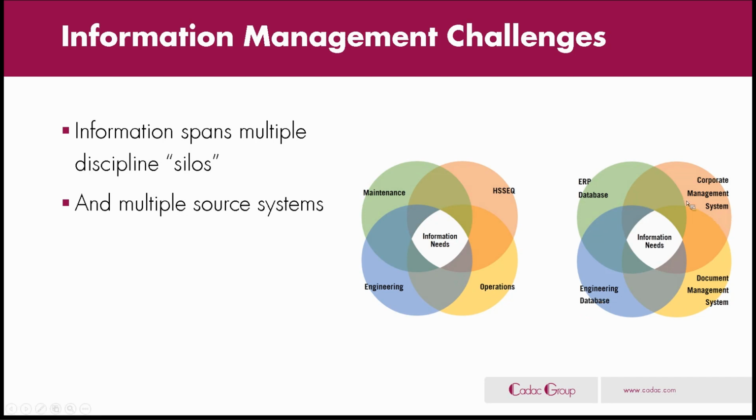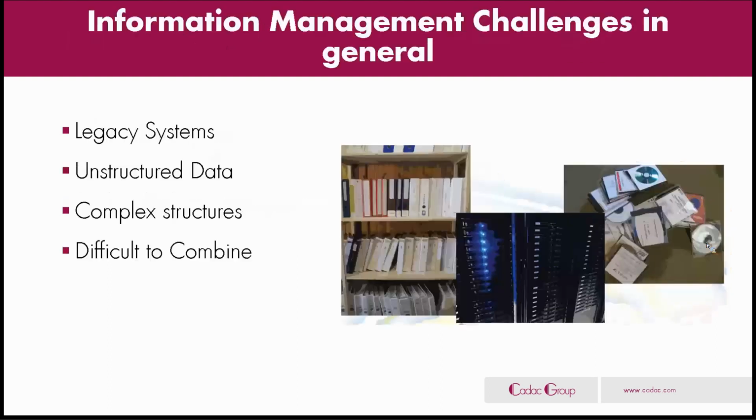But the flip side goes for the corporate management system. And what we see is there is a bit of overlap for the people that are in operations and maintenance with specific information needs that they have. So that's why we came up, together with our partner Radial, with this solution for our solution stack.